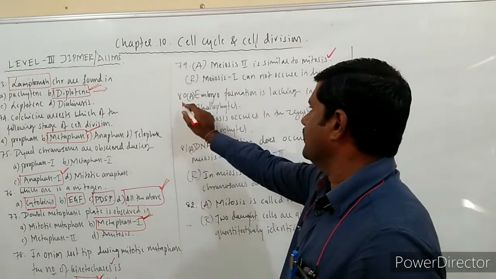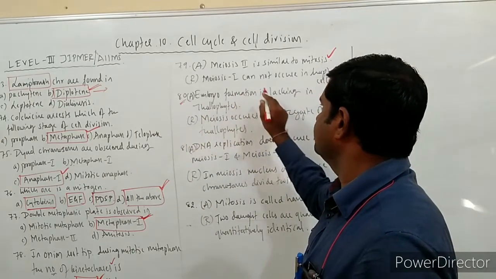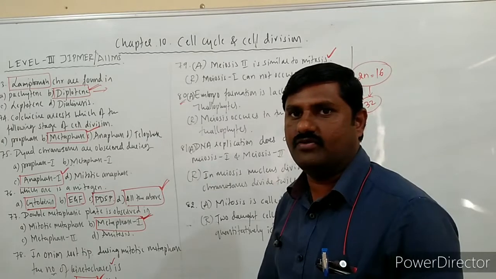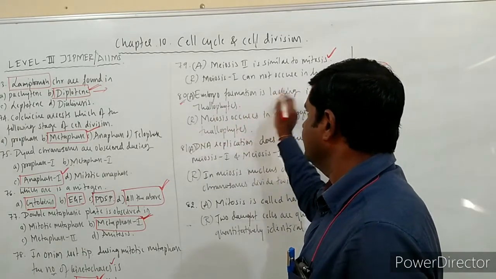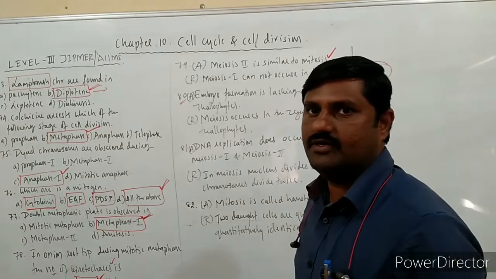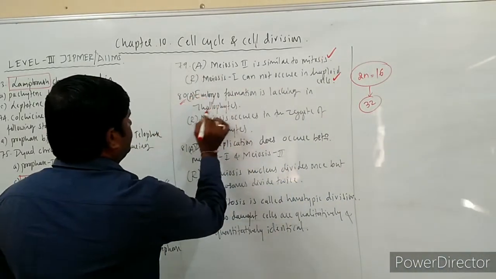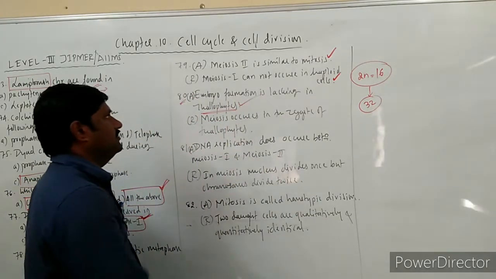And the next question I am going to start with. Embryo formation is lacking in thallophytes. Thallophytes are the lower organisms in which embryo formation doesn't occur. So they are called non-embryophytes. Hence in thallophytes it doesn't occur. It is the right statement.